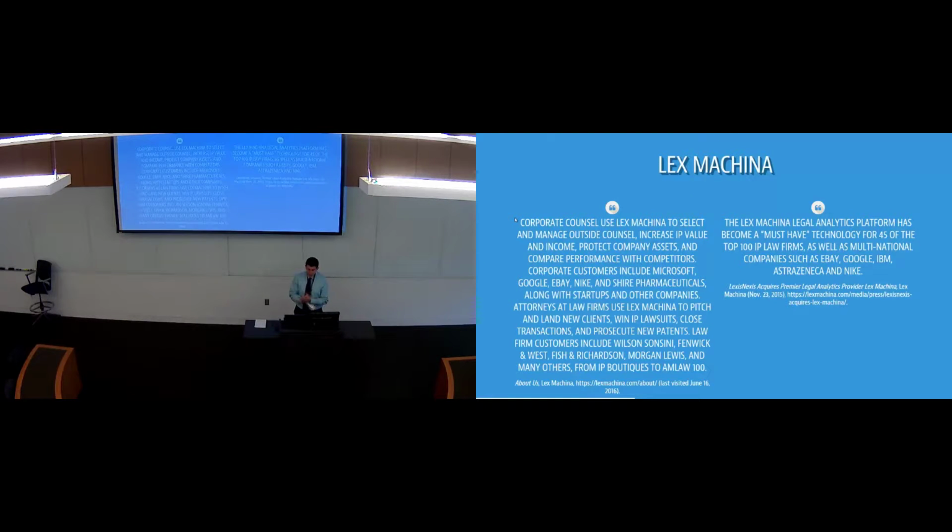As for Lex Machina, personally and anecdotally, I know a librarian who works out in Silicon Valley for a law firm. She mentions her attorneys love Lex Machina. You get some quotes here, in this case from the press release about Lexis acquiring them: 45 of the top 100 IP law firms, and a lot of multinational companies, Nike, Google, IBM, eBay.